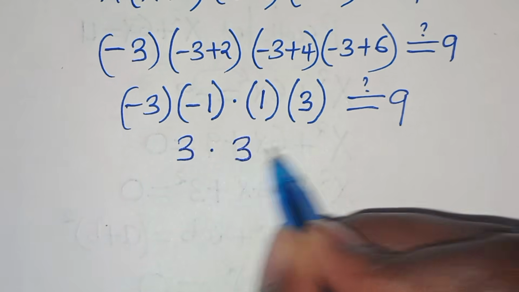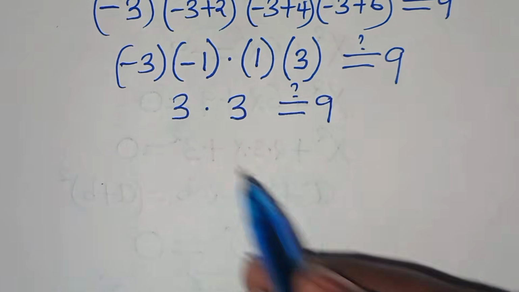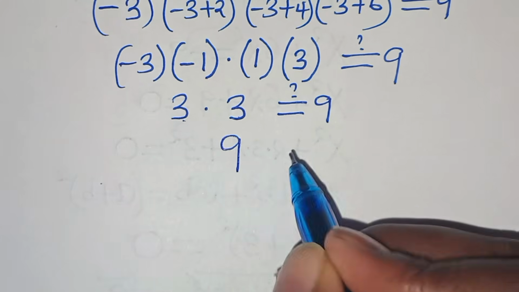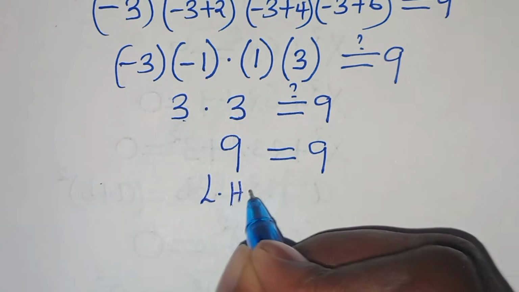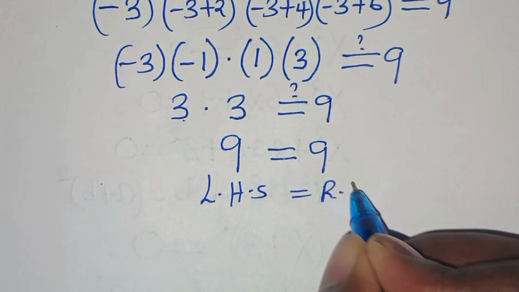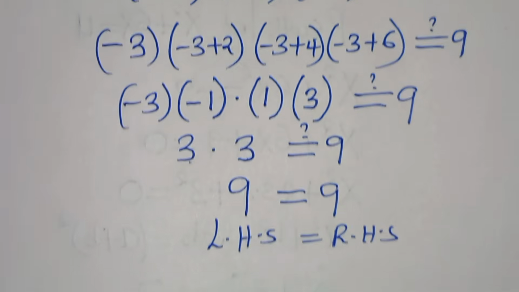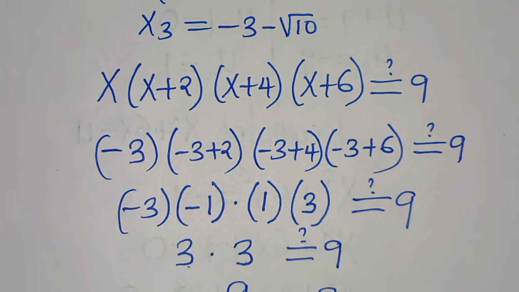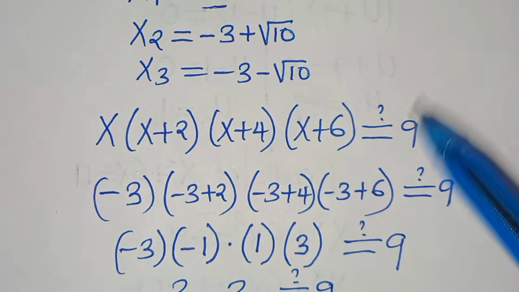This should give us a value of 9. So 3 times 3, this is 9, which is equal to 9. So the left hand side is equal to the right hand side. And this affirms that x1 satisfies the equation. So we have got 3 solutions here, x1, x2, and x3.